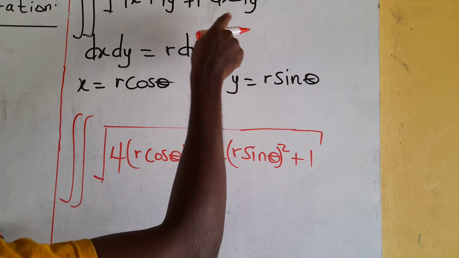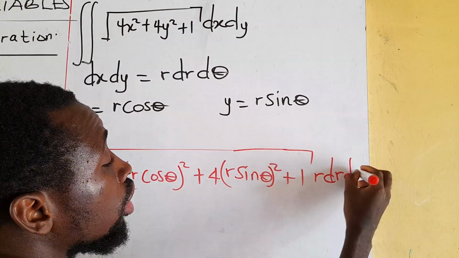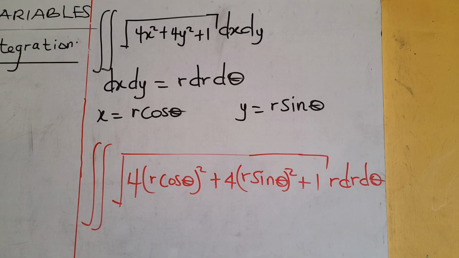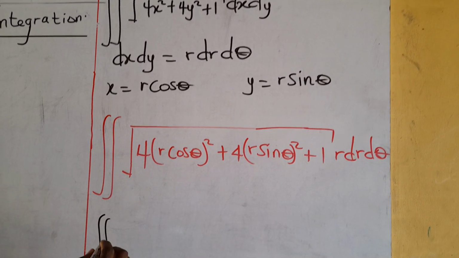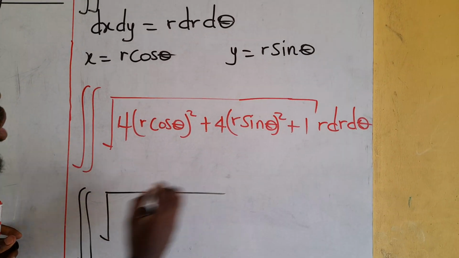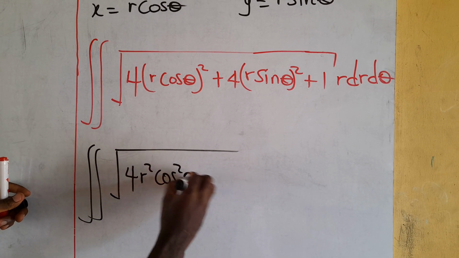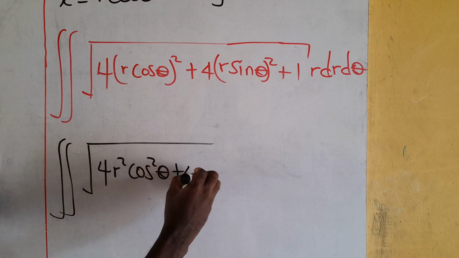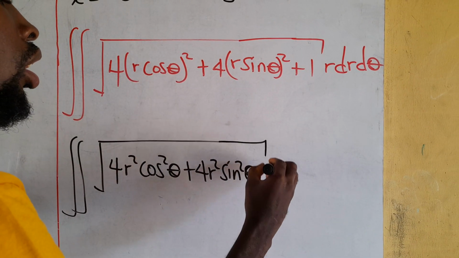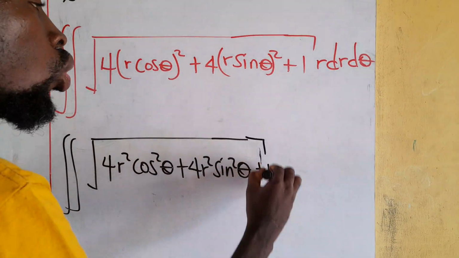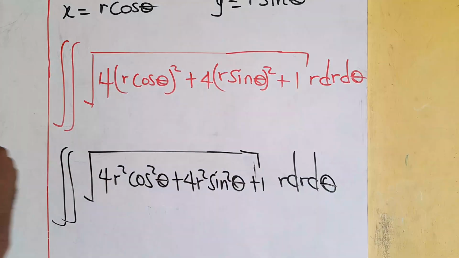And our dx dy is equal to r dr d theta. So what do we have? We have double integral the square root of 4r squared cos square theta, when we square this, plus 4r squared sin square theta plus 1 r dr d theta.